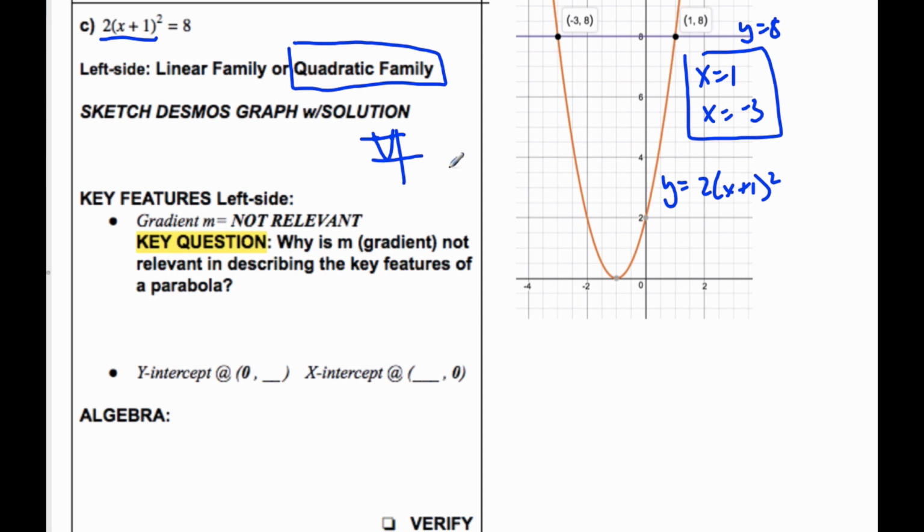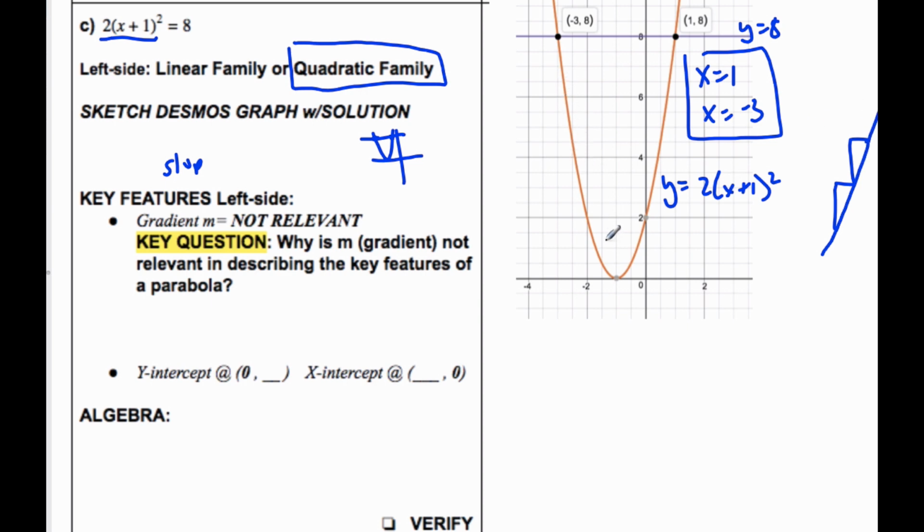So now, if I look at the key features of this red graph here, it says the gradient is not relevant. The reason why it's not relevant is because gradient refers to what we call the slope. There is a rise and a run, and these rises and runs are always consistent.